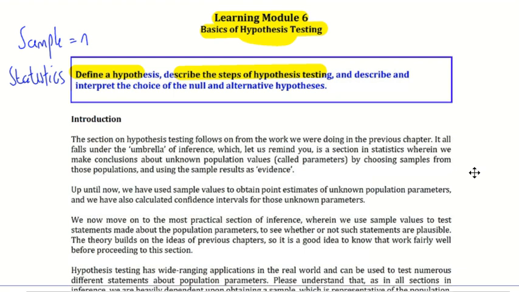Because I'm working with a sample as opposed to a whole population, I don't have all the information available to me. I'm only working with a subset of it called a sample, and based on the sample, and based on the level of confidence that we're going to see later on, I can say that I'm 95%, 90%, whatever it happens to be, confident that this is the final outcome after I have gone through the steps in the hypothesis testing.